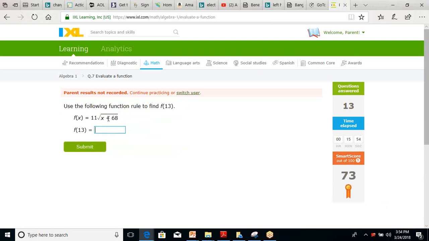The square root of 81 is 9. But you have this 11 times the square root, so 11 times 9 is 99.